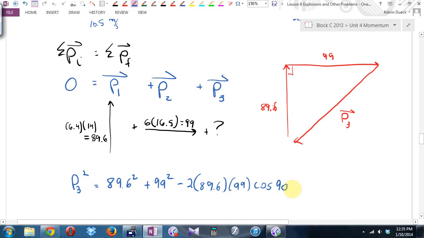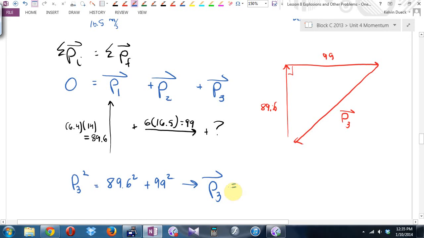Do you know what the cosine of 90 degrees is? Turns out Pythagoras is a special case of the cosine law. I don't know if you guys knew that, but nerd moment. Yeah, big deal, Dueck. Oh, shut up.